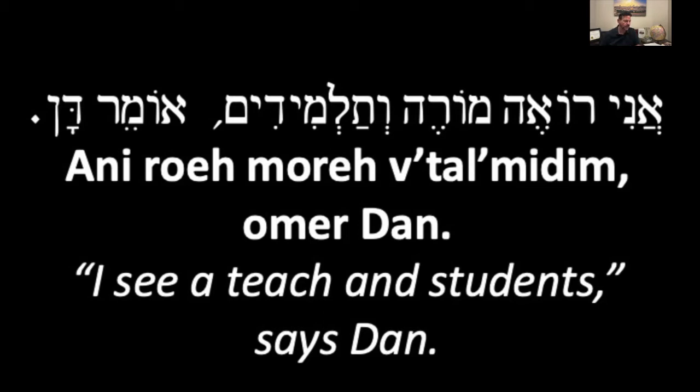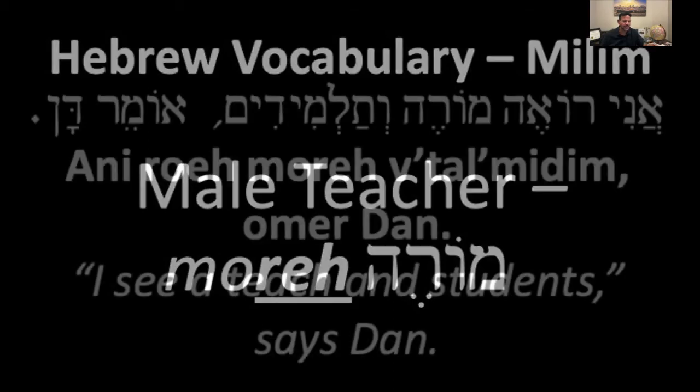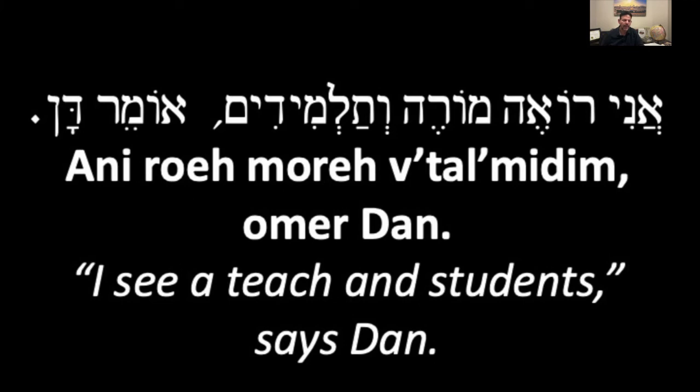Now we learned what more is. More means a male teacher. So he is responding to the male teacher that ani ro'eh more. I see a teacher. Now the definite article is not there, which would be the letter hey in front, because remember we learned about prefixes, that you can have prefixes in front of the word.